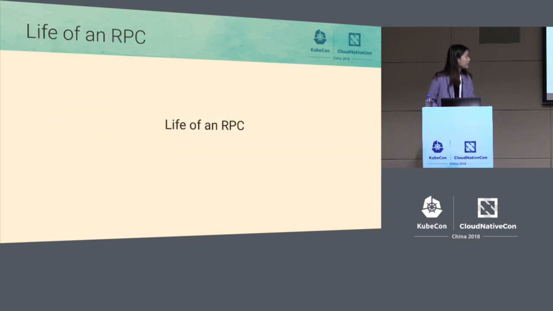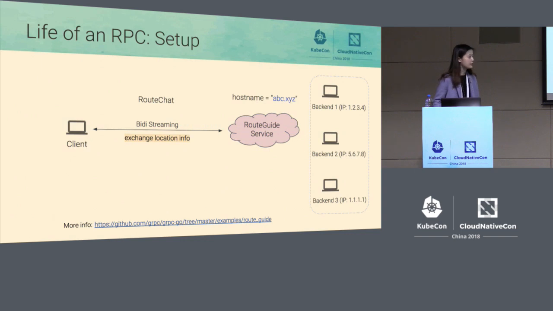Now let's go through the life of an RPC to explore the gRPC core functionalities. Here is the setup for our story today. We have a client that wants to call RouteChat with the RouteGuide service under the hostname abc.xyz. RouteChat is an RPC method supported by the RouteGuide service.